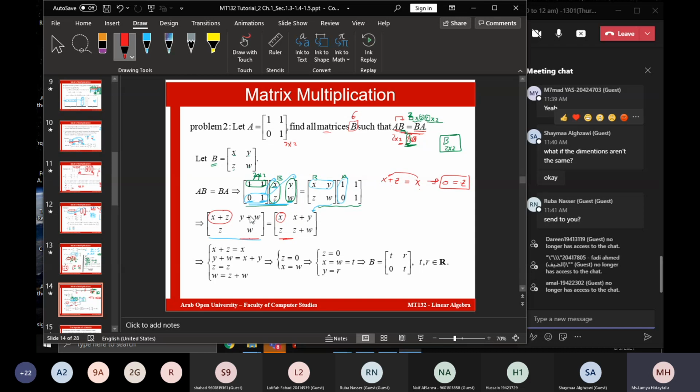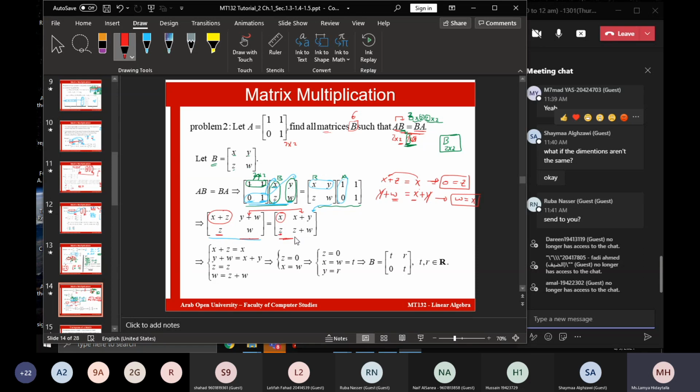Now from the second, compare this one and this one. What do we get? We have Y plus W is equal to X plus Y. So cancel the Y and the Y. Then we have W equals X. So from the second, W equals X. They should have the same value, X and W. Then we move here.